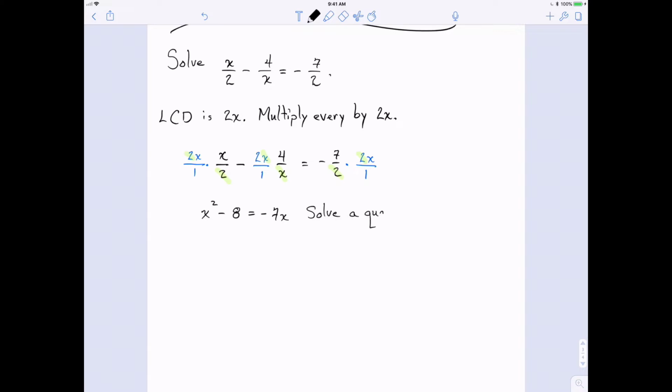Now we did this earlier. Let me erase that. We solve a quadratic by setting the equation to 0.